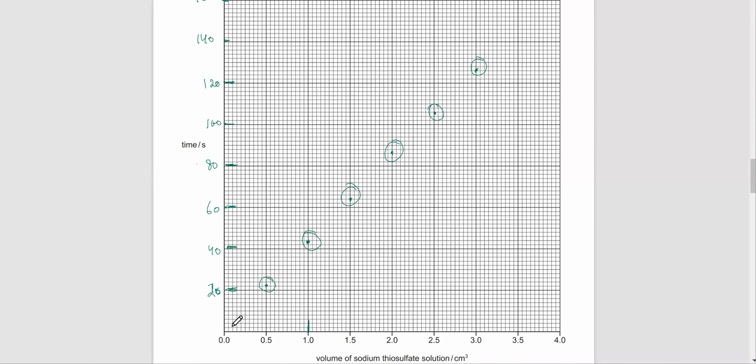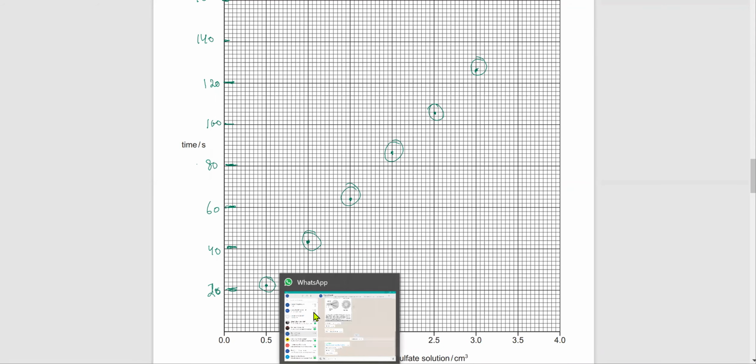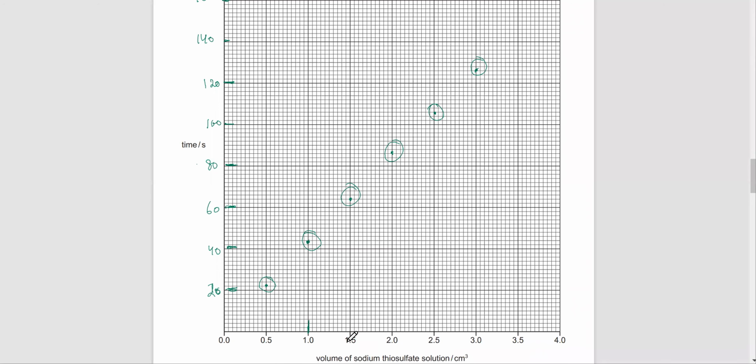So remember that this graph, the thiosulfate आप ज़्यादा करते जा रहे हो, the time required keeps on increasing. So remember this, that when the thiosulfate reaches 0, the time interval is going to be 0 होगा, ठीक है? Or the time taken for the reaction is going to be 0.